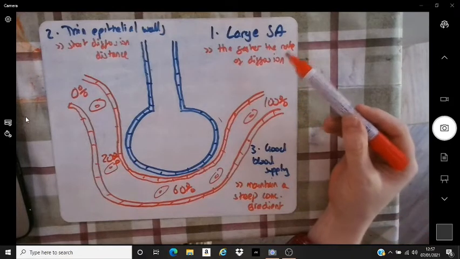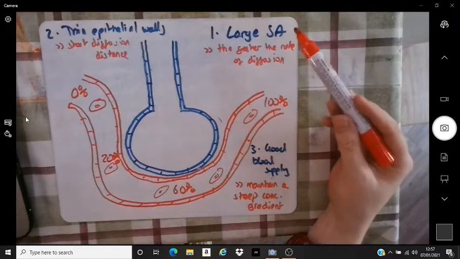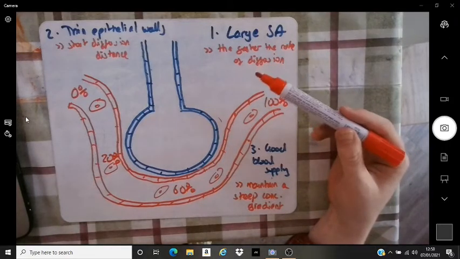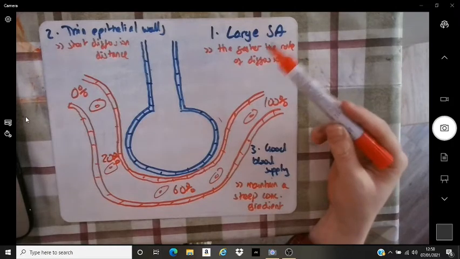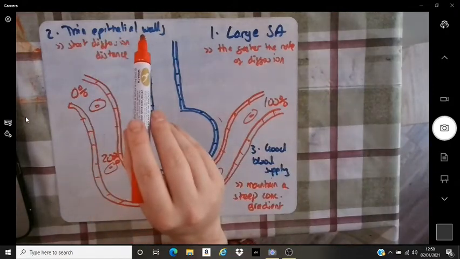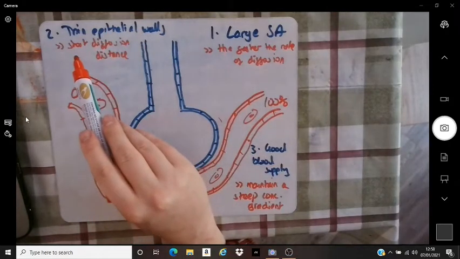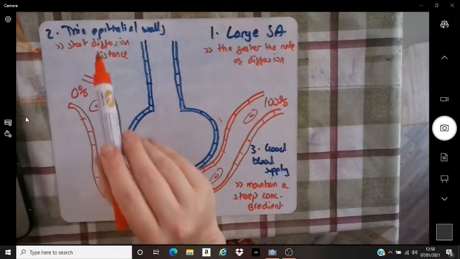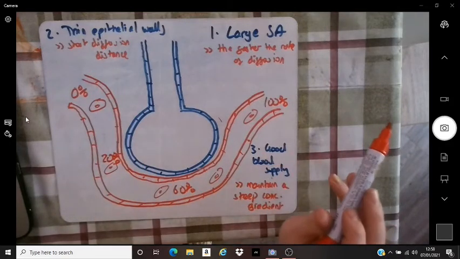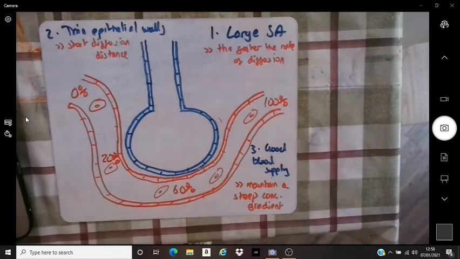The explanation must link to the correct descriptive point. If you say it's really good at diffusion because it's got a large surface area, you've got to therefore make the idea that because it increases the rate. If you talk about thin epithelial walls, you're only going to get credit if you explain it by it having a short diffusion distance. And so on, these 2 have to link together. There you go. Nice exam tip for you.